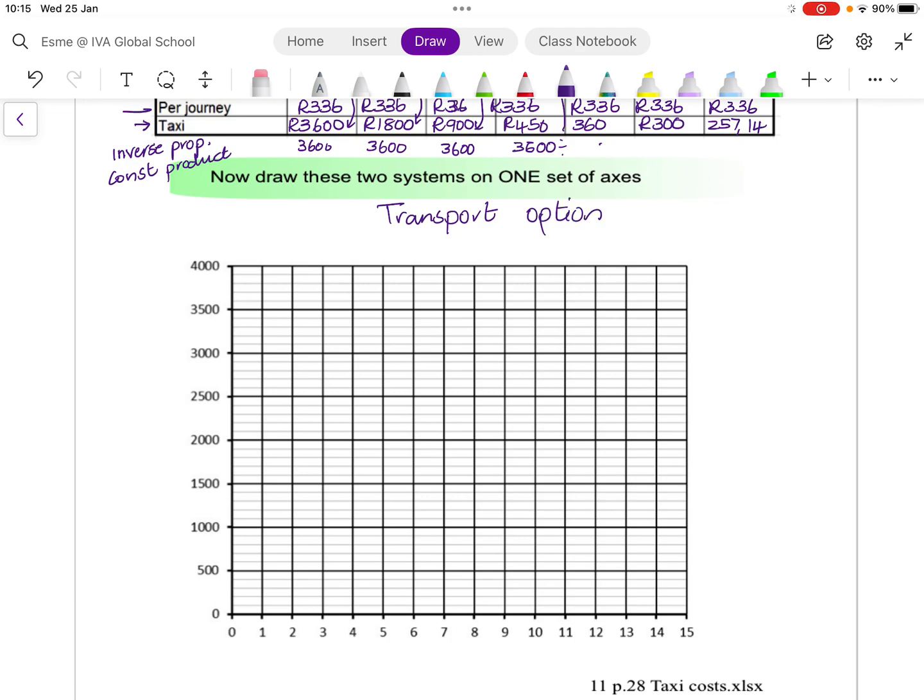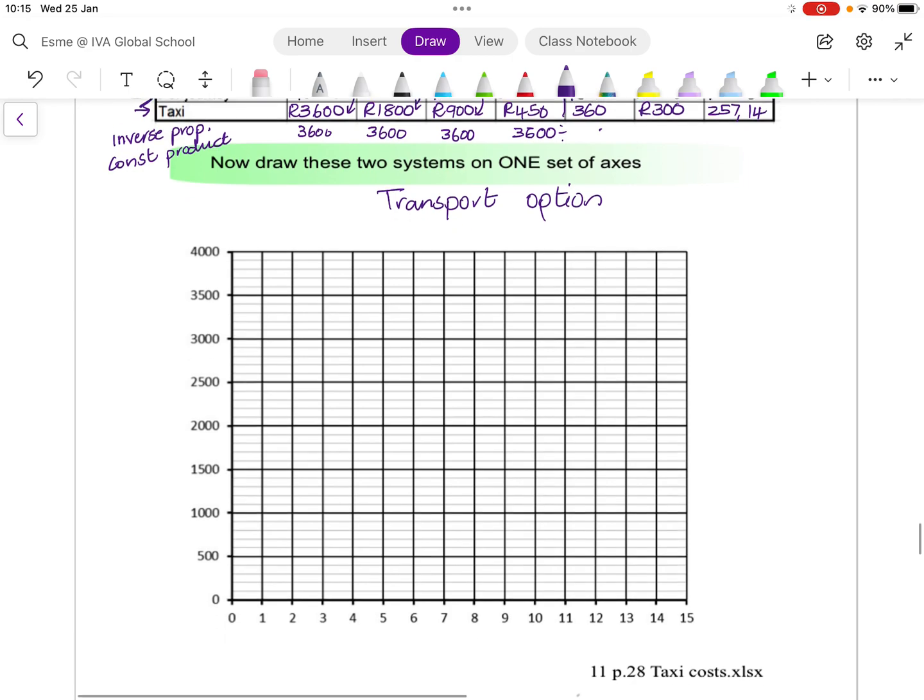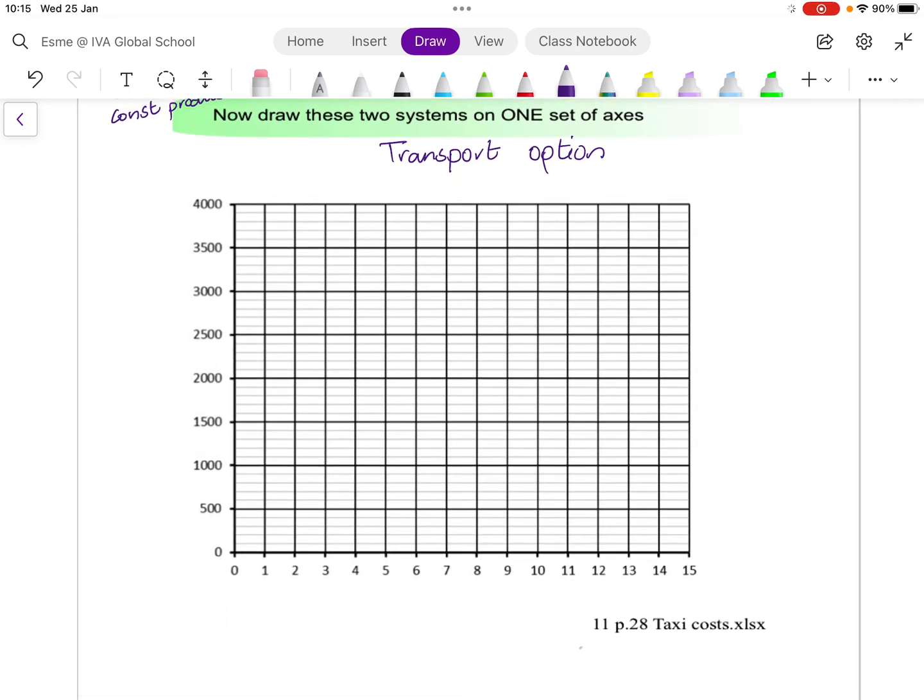Remember, your independent variable goes at the bottom, and over here we have number of students, and on this side we're going to have cost in rands.